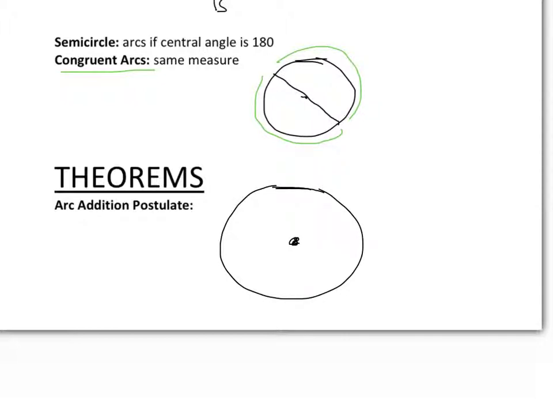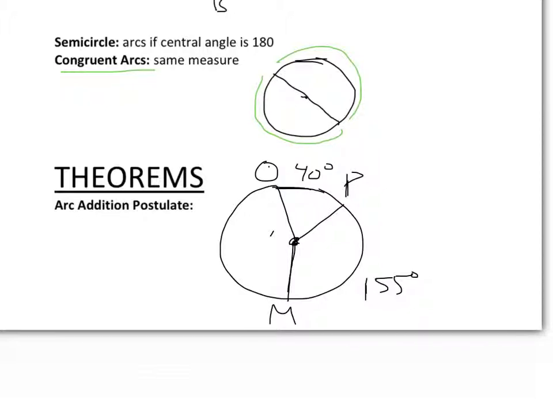So if I draw a couple of angles here and define them, let's say this arc is 40 degrees, and let's say this one is 155 degrees. So I told you that arc PM is 155, arc OP is 40.